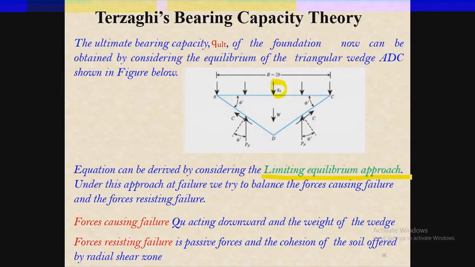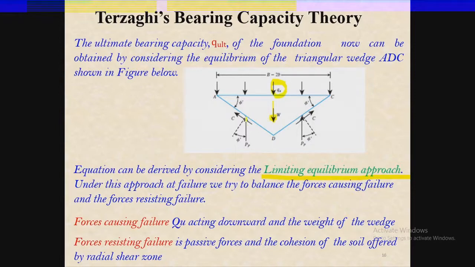Now what is the limit equilibrium approach? Under this approach, at failure we try to balance the forces causing failure and the forces resisting failure. The force causing failure is QU, the load of the foundation, and W, the weight of the wedge.